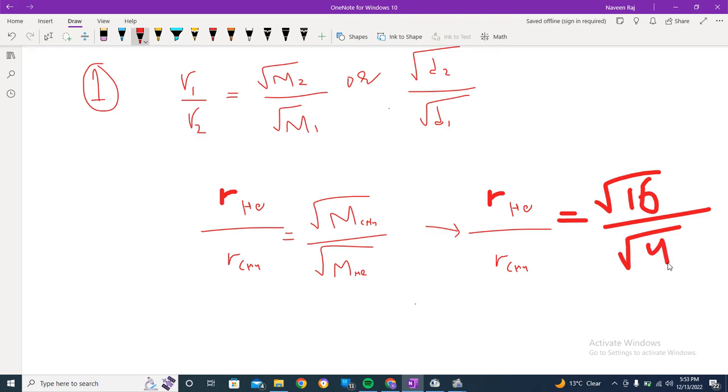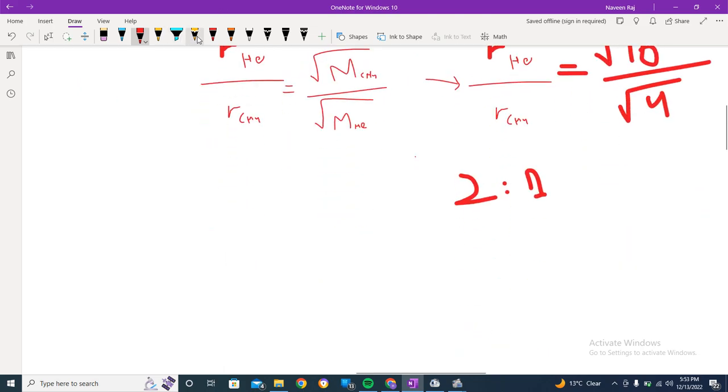Now if we solve it, we get 2 upon 1, so the ratio is 2 to 1. Helium has the ratio 2 and CH4 has the ratio of 1.